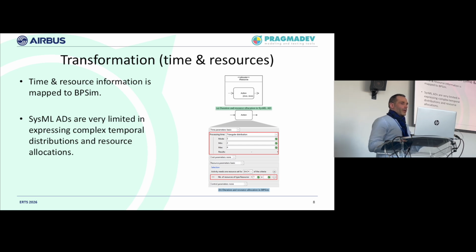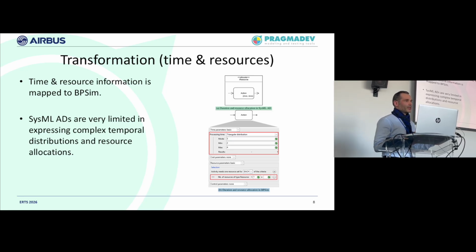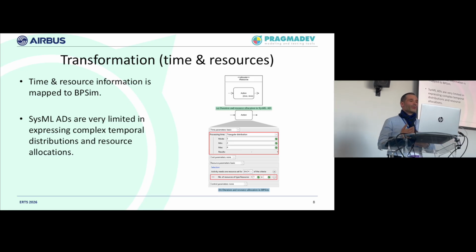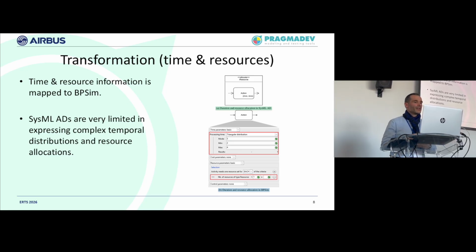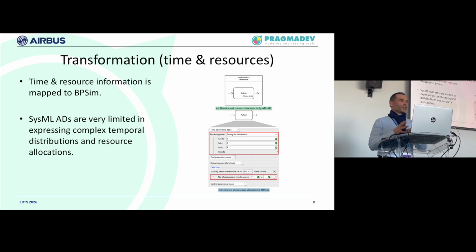So what we did is that we get this information from the activity diagrams in terms of mean and max values of timing, and also the lanes that describe the resource types, and then we translate this into a BPSIM notation, which is more powerful than that, but it allows us for a first step to get information about timing and also resources.